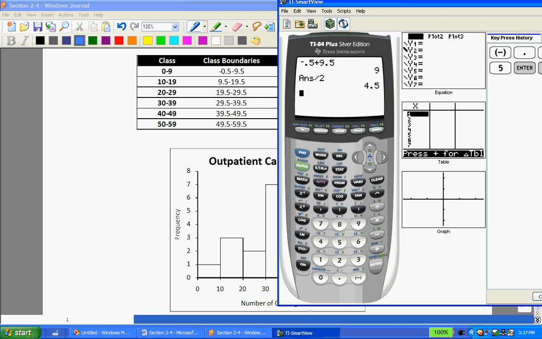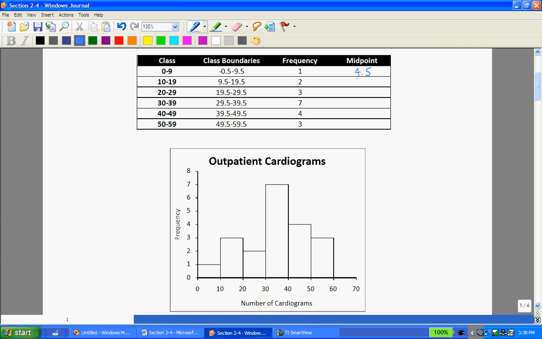Then I would do the same thing for the next class, and this time I'm going to type it all in as one statement. Parentheses 9.5 plus 19.5 divided by 2, and that gives me 14.5. And perhaps by now you can see a pattern.